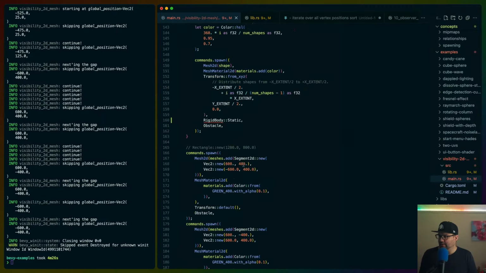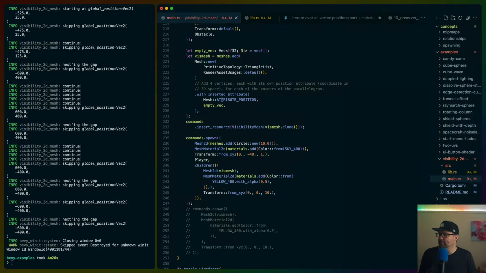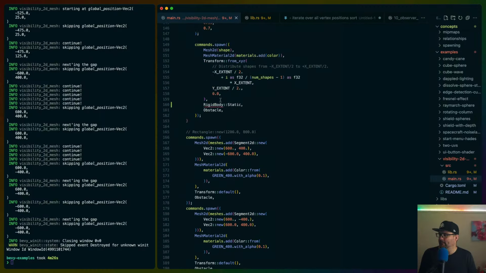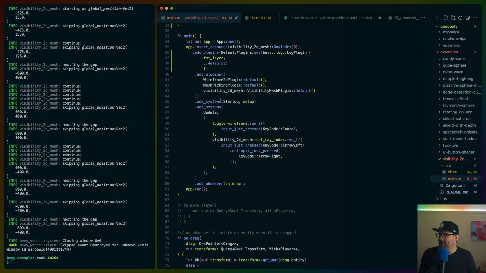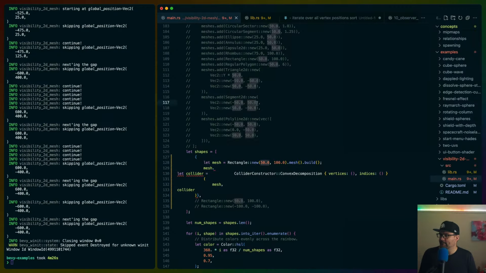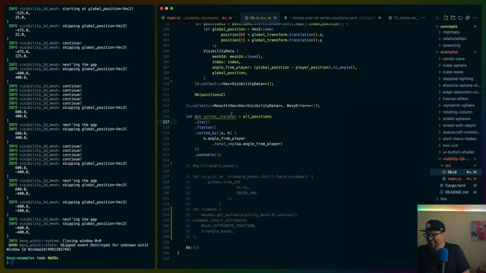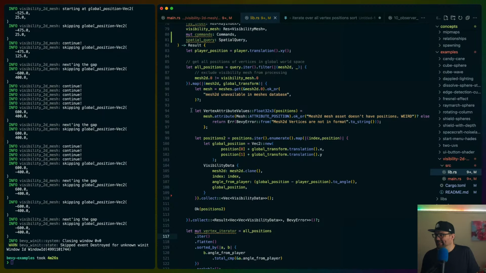I didn't find the piece of code that I wanted, did I? Where's our mesh 2D iteration? Oh, it's in lib. I'm not looking at the right file. That would do it. Okay.